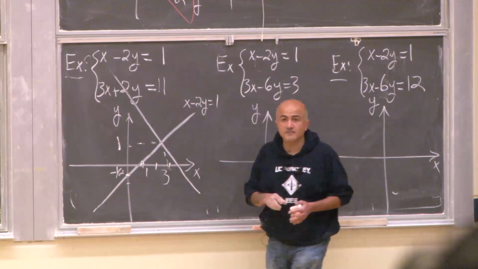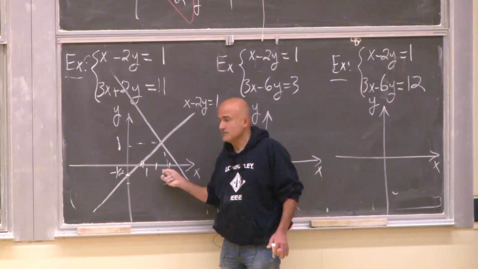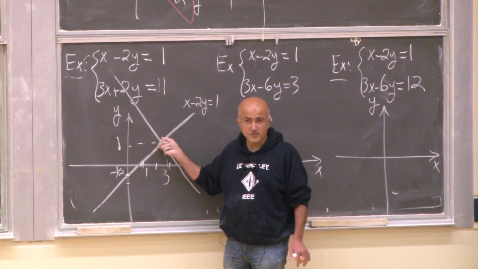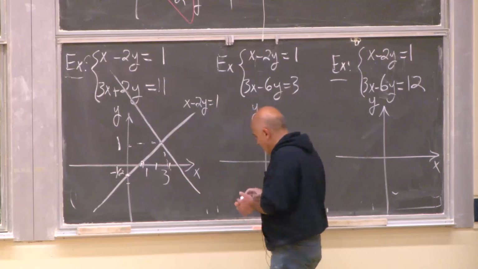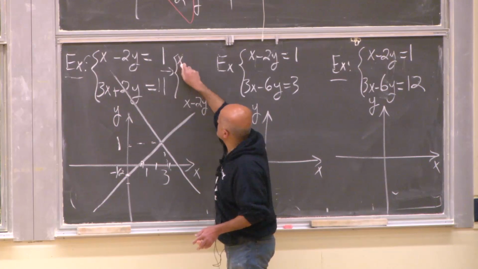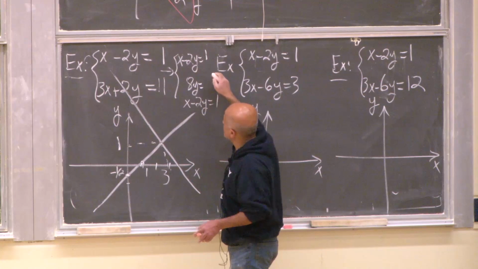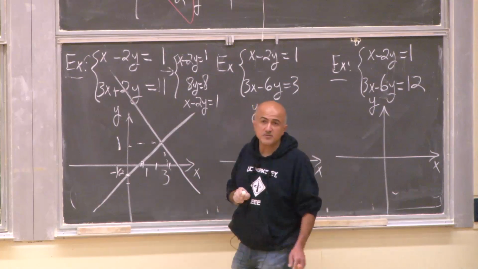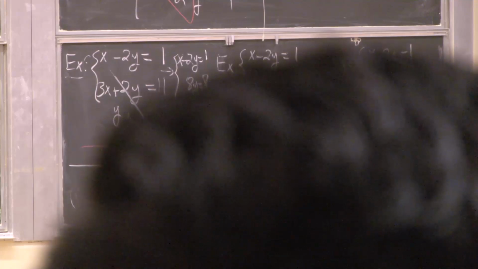Okay? Now, the two lines intersect in 2D at a unique point. Can you tell me how this relates to the upper triangular form of the equations, which was x minus 2y equals 1? And remember when we did the forward elimination, we had 8y equals 8. Can you tell me what that equation is? Straight horizontal line. That's the 8y equals 8. y equals 1.